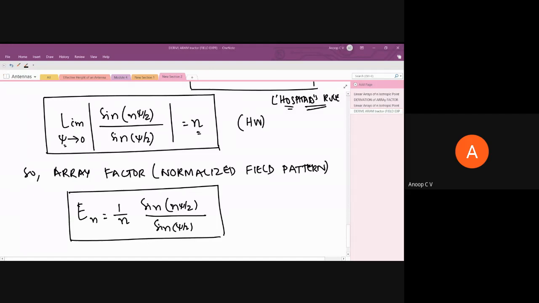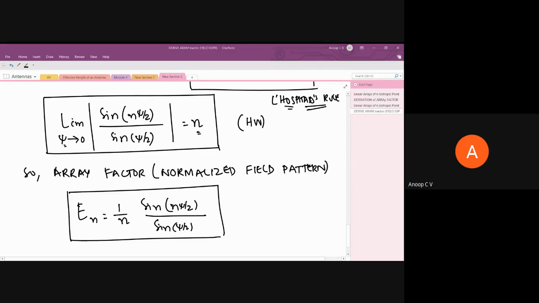If n isotropic point sources separated by some distance d are excited with the same amplitude but constant progressive phase difference, in some direction you will get maxima. Wherever psi equals 0, you will get maxima, equal to n times E naught, n times the magnitude of the individual radiators.